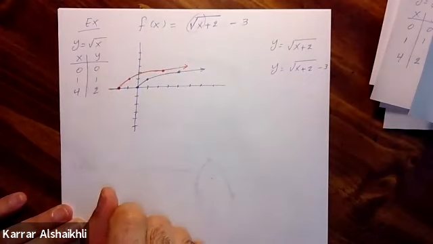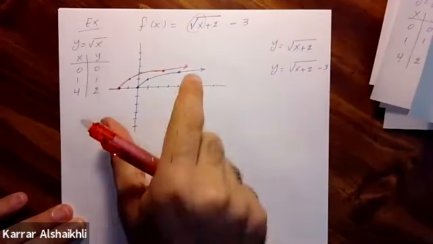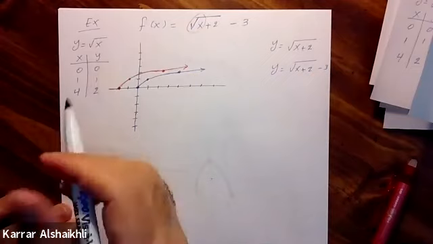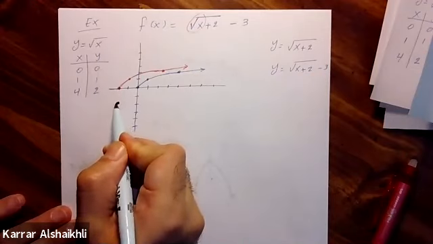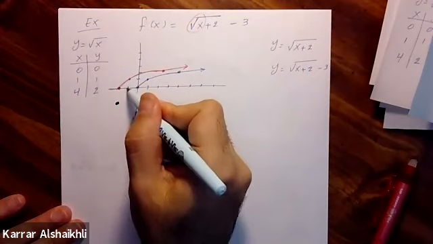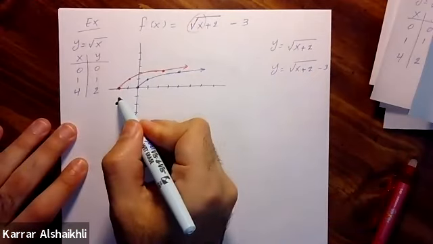Then, next step, we're going to shift the graph 3 units down. So the new graph is going to be here. Shift this one down. 1, 2. Here's the new point. Shift this point. No, this one. We have to shift it 3 down. So 1, 2.